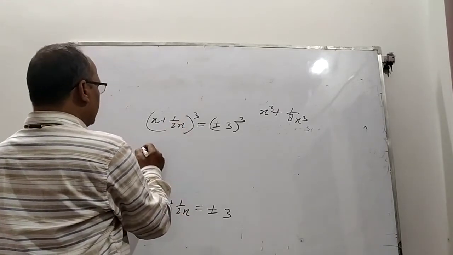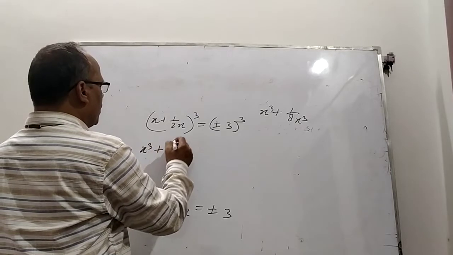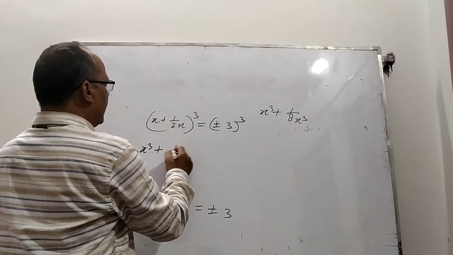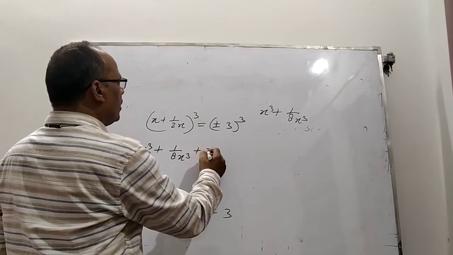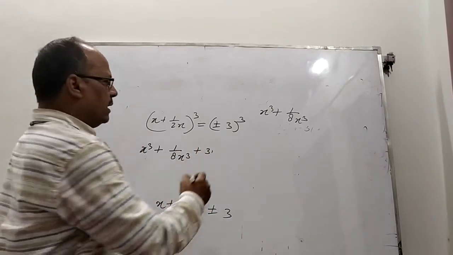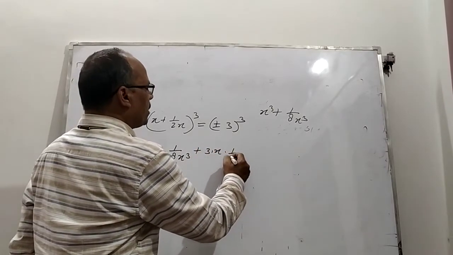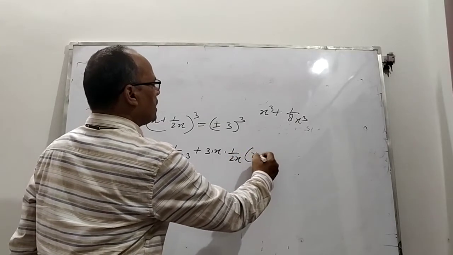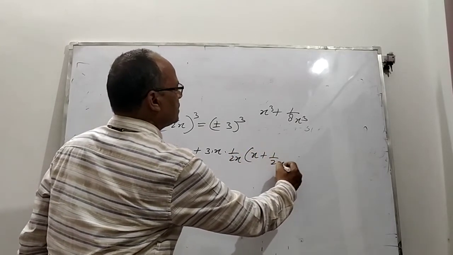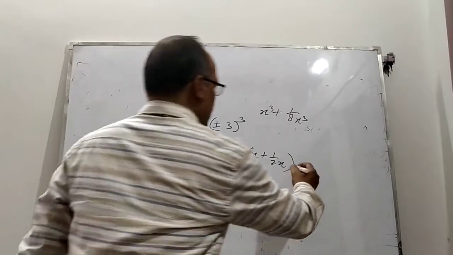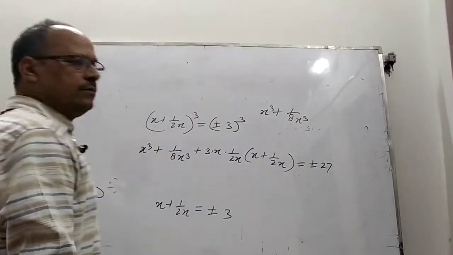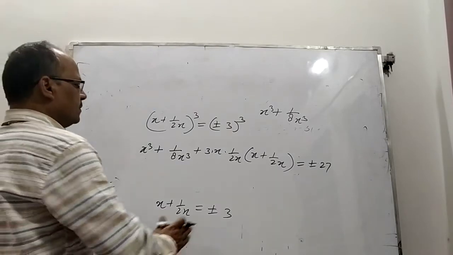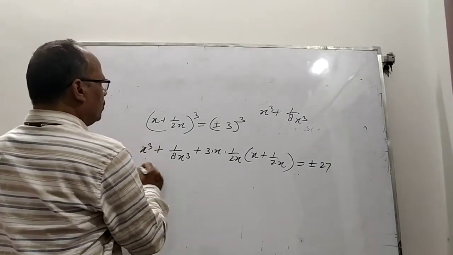So you will take x cube plus 1 upon 8x cube plus 3 into first number x into second number 1 upon 2x, x plus 1 upon 2x equals plus minus 27. Correct? What is this value?